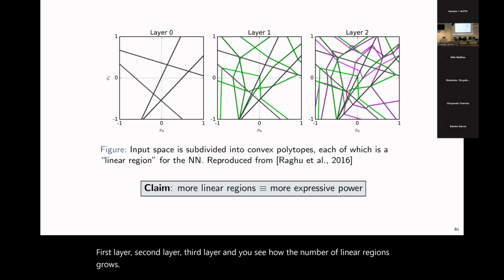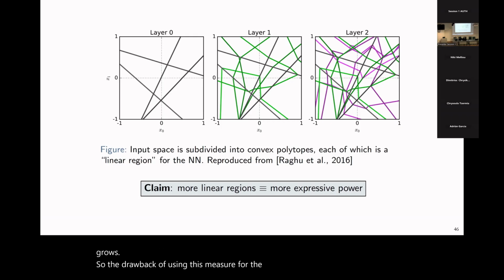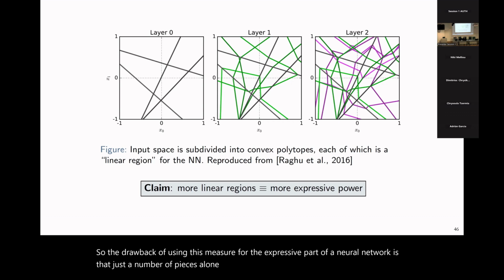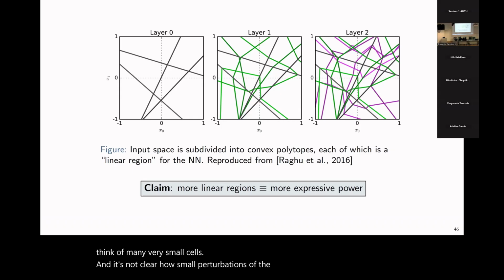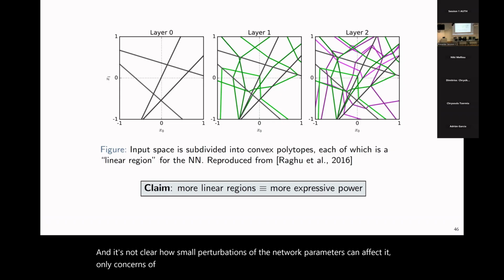So the drawback of using this measure for the expressive power of a neural network is that just the number of pieces alone is not necessarily informative, because you can think of many very small cells. It's unclear how small perturbations of the network parameters can affect it. It only concerns, of course, piecewise linear activation functions, and the number of linear regions is expensive to compute.